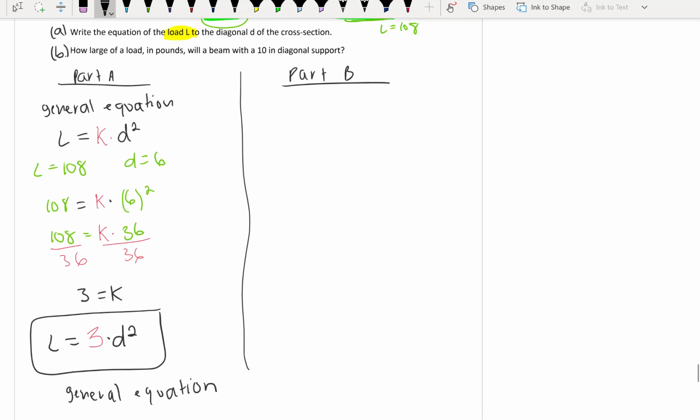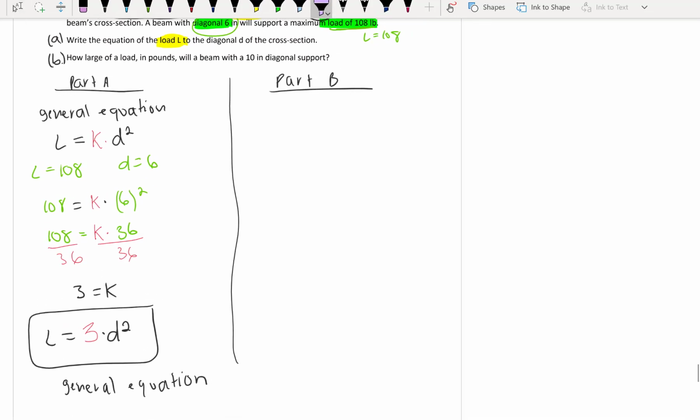Now for part B, this is where I'm going to answer this question here. I'm going to use my general equation that I have, that L is equal to 3 times my diagonal squared, and it gives me pieces of information. It says how large of a load, so the load is unknown, in pounds will a beam of a 10 inch diagonal support.